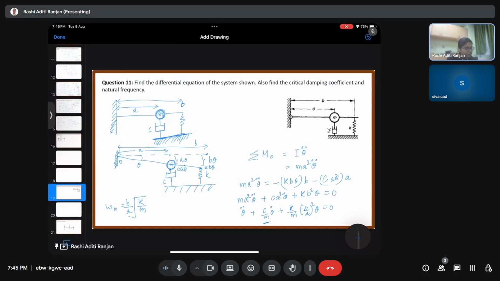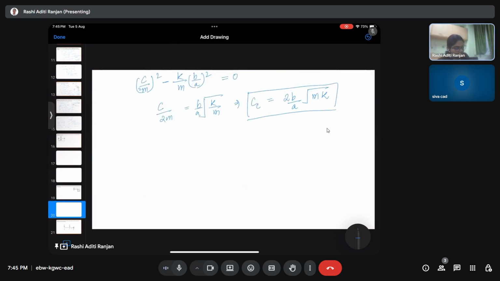Now, what we can also do is try one more thing. We need to write C by M as nothing but 2 eta omega n, right? Where eta is nothing but C by Cc.